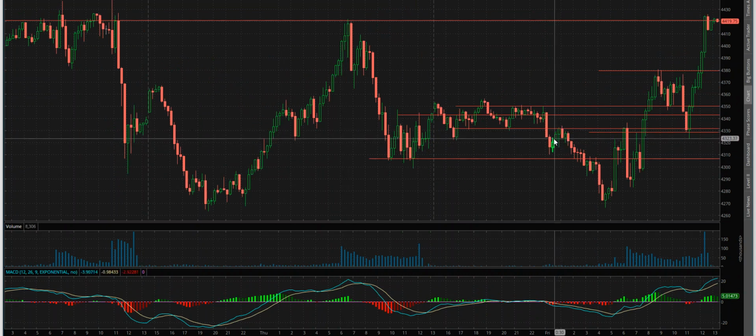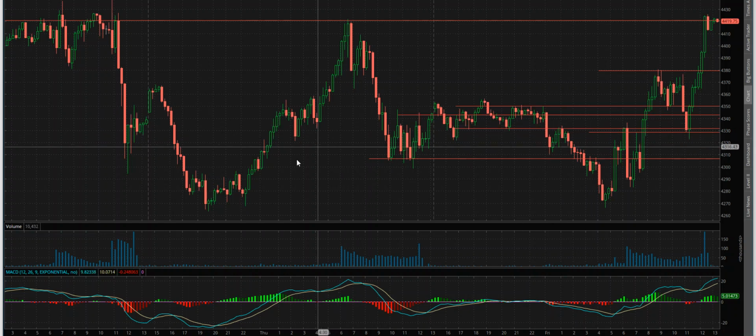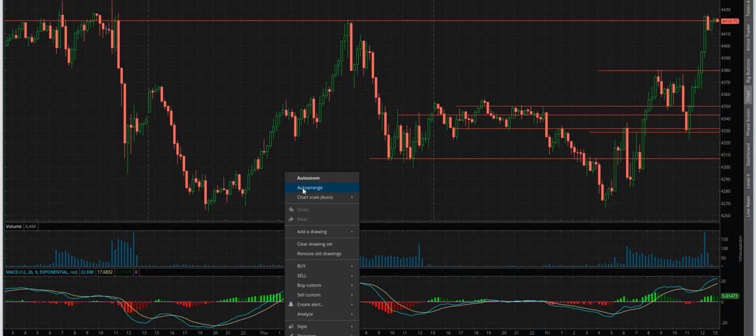Basically, what I want to share is, let's draw. So right click, add trend line, then select this parallel one, channel.